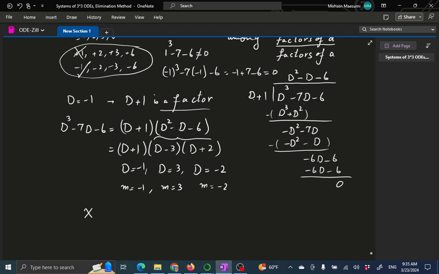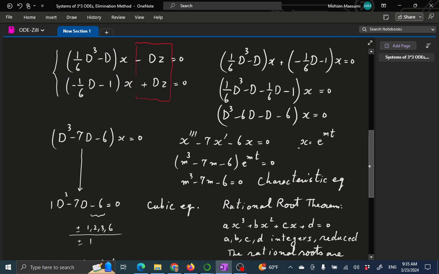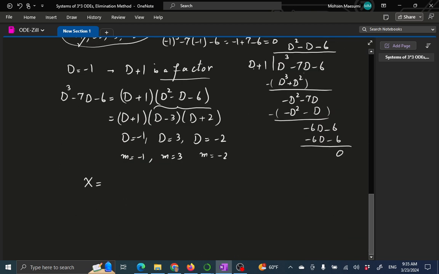Remember, we were looking for x as exponential of some multiple of t, and the question is, what is that multiple? That multiple is the root of this equation. We found the roots, and each of them contributes one function. So some a exponential of minus 1t plus b exponential of 3t plus c exponential of minus 2t.